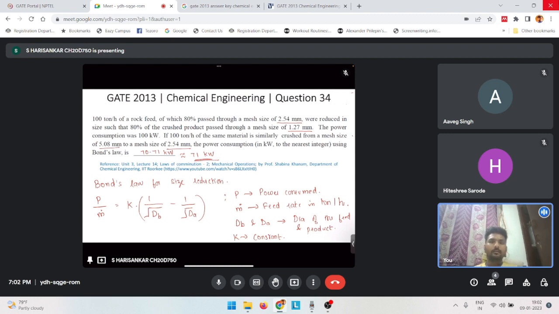Right. So basically in this question, they have given us two different size reduction processes, but both of these size reductions are following the Bond's law. So using case 1, we had all the data except for the Bond's law constant, which is K. So we used those data and found the constant K from case 1.